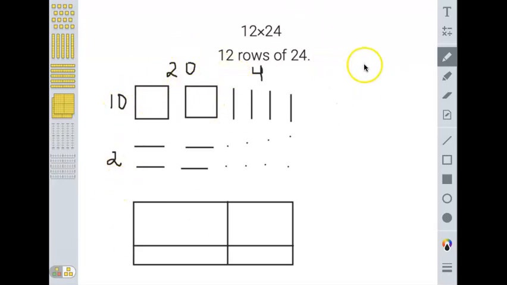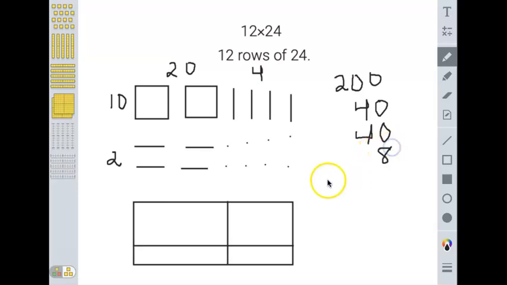So 20 times 10 is 200. 10 times 4, it's 40. 20 times 2, 40. And 4 times 2 is 8, which will give us 288. We can apply this to our window box method as well.